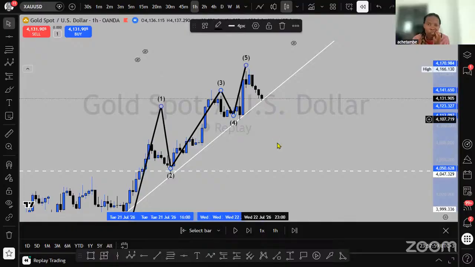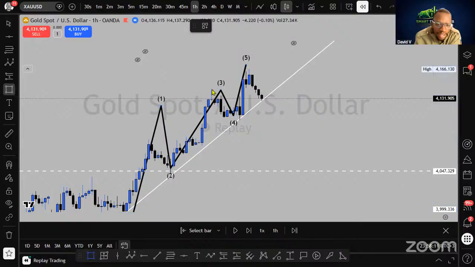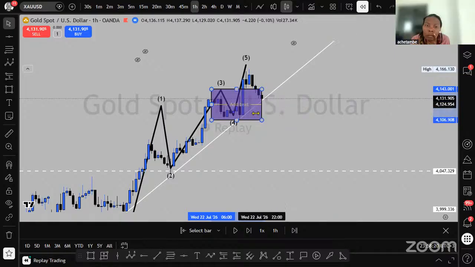So right now, and actually this is how I also came up with the box strategy. Most of the time you'll see me with the box strategy. Normally I had something like this. Like in this case, I will have had something like this. I will have boxed this one.